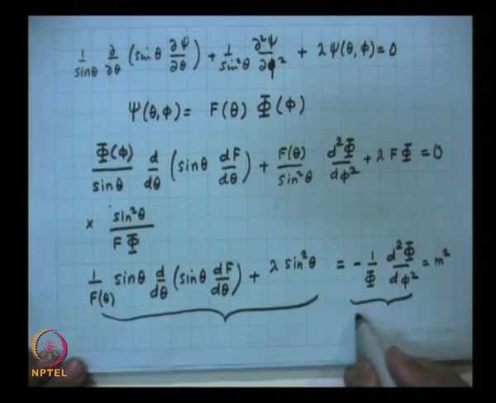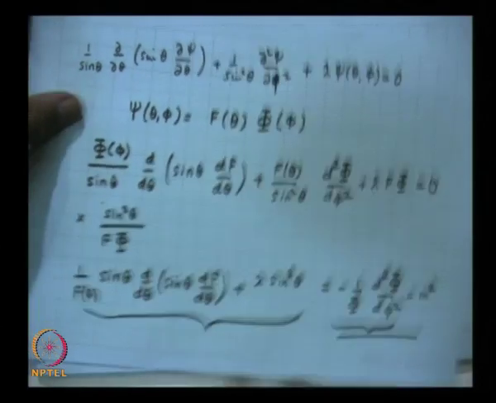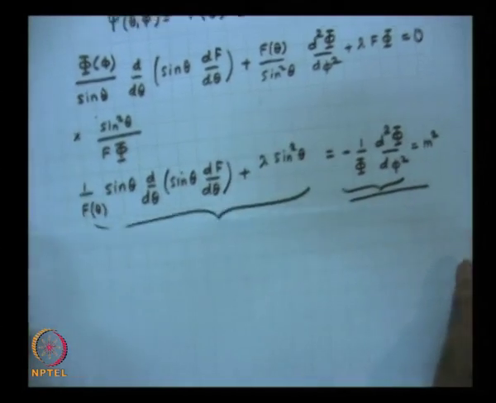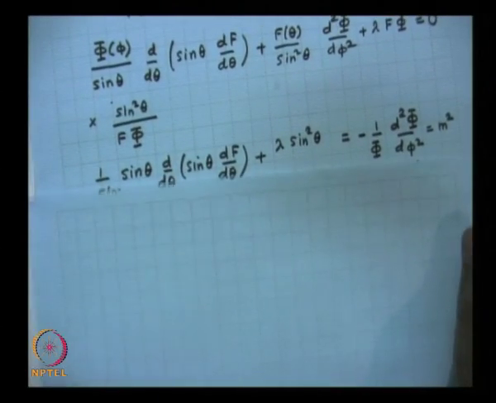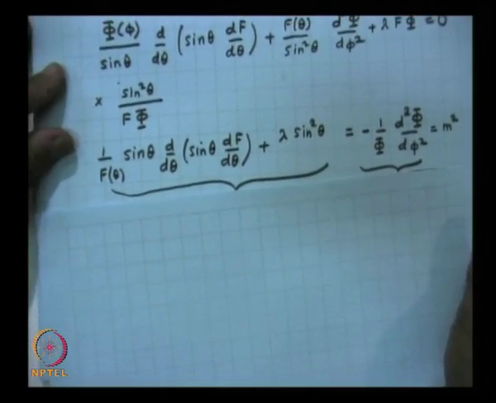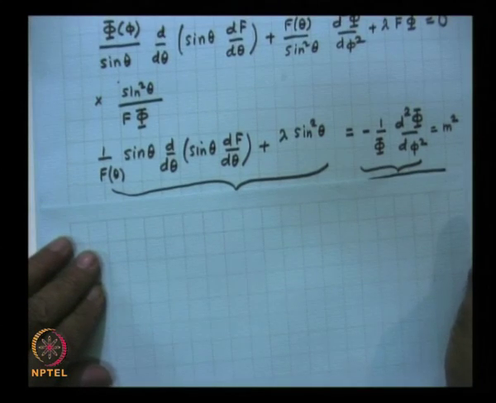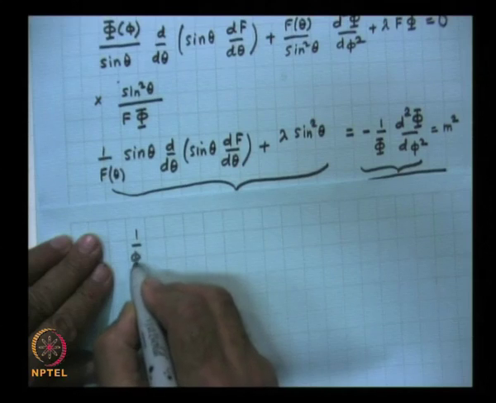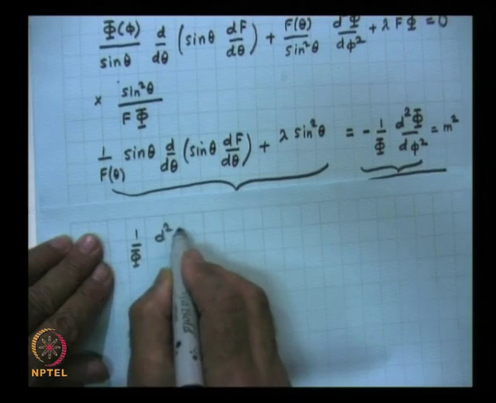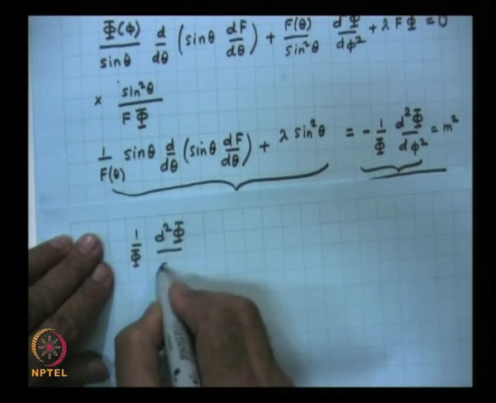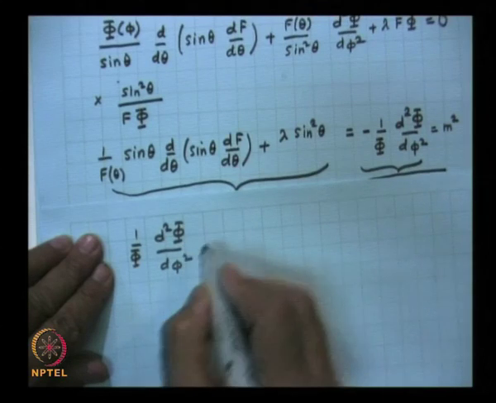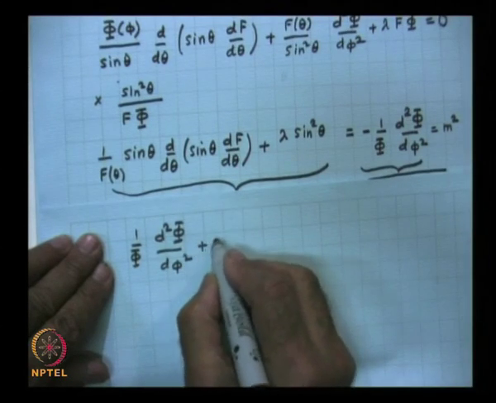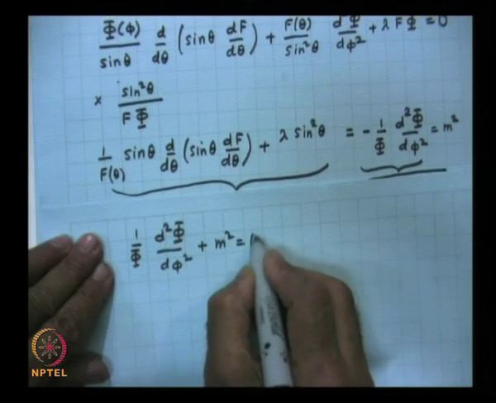So, let me solve this part first. If I just look at the phi part, I will obtain 1 over phi d2 phi by d phi square plus, if I bring it here, then it is minus minus plus m square is equal to 0.